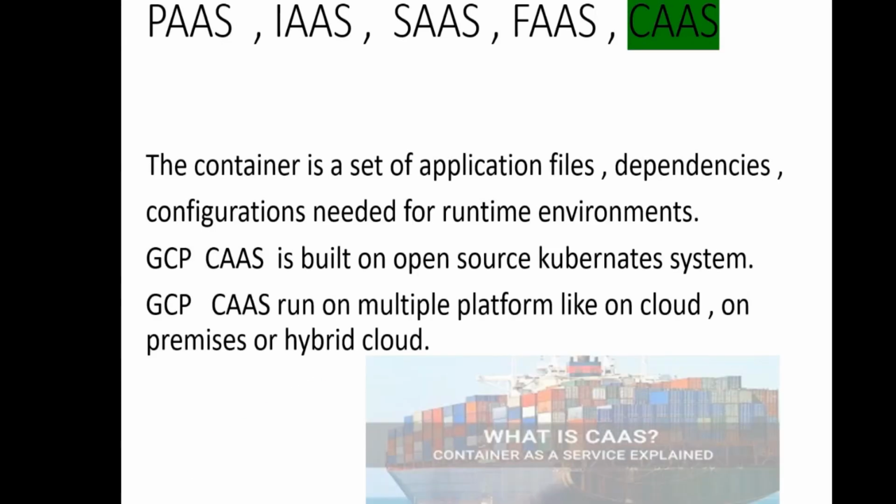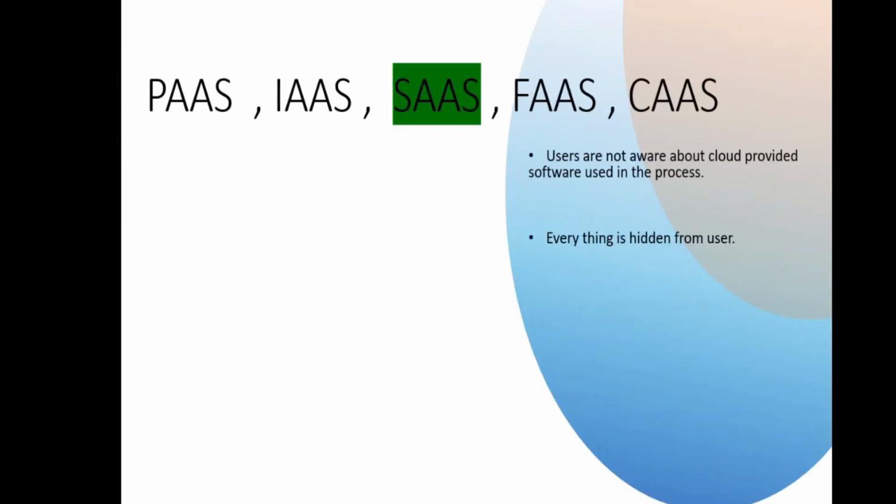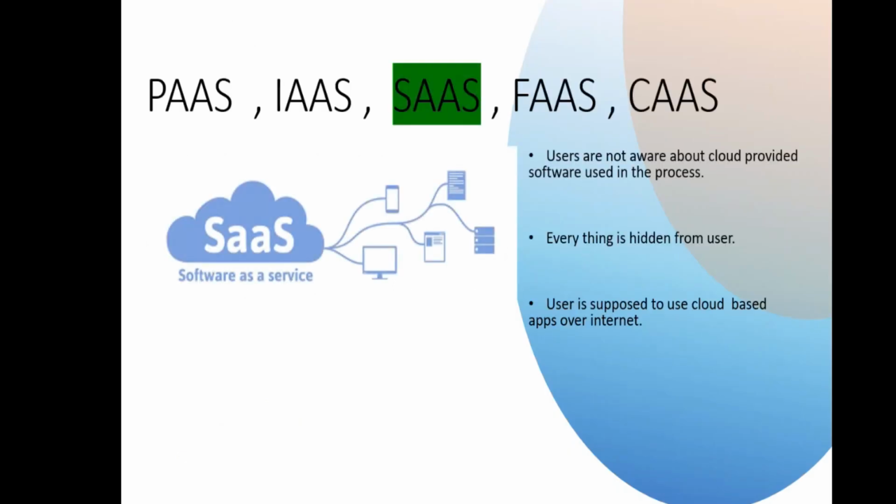In case of SaaS, software as a service, 90 to 95% of the complete thing is Google's responsibility. With this SaaS service model, the service provider delivers the entire application stack, the complete application and all the infrastructure needed to deliver it.